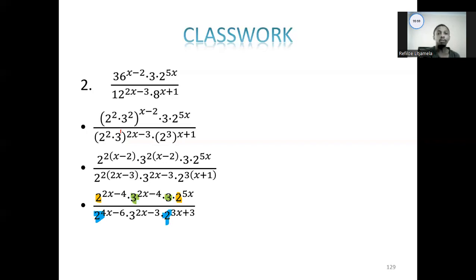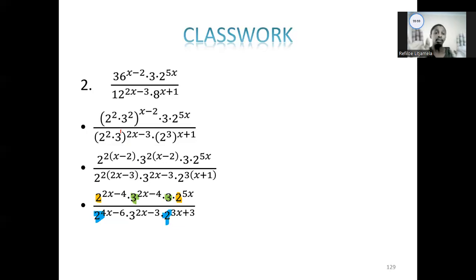So all of those that are highlighted, the orange ones, I'm going to put as a single base and add the respective exponents. So it will be 2 to the 2x minus 4 plus 5x. The 3 will be 3, and I'm going to have 2x minus 4 plus 1. Note that the other 3, since the exponent is not written, means that the exponent of the 3 is equal to 1.